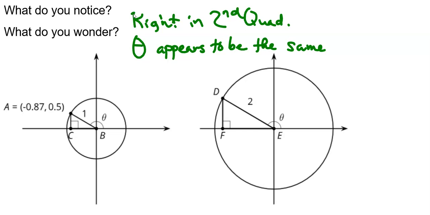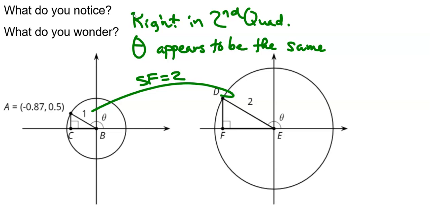Something else that appears to be true is that the triangle on the right might be, the lengths might be twice that of the triangle on the left because the scale factor might be 2 between the triangles.